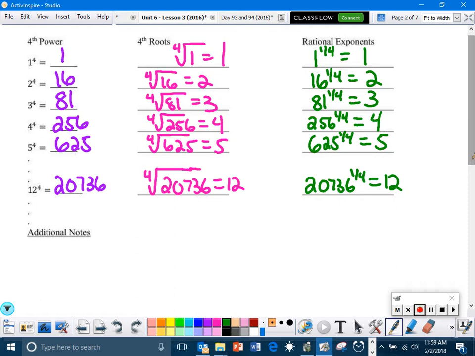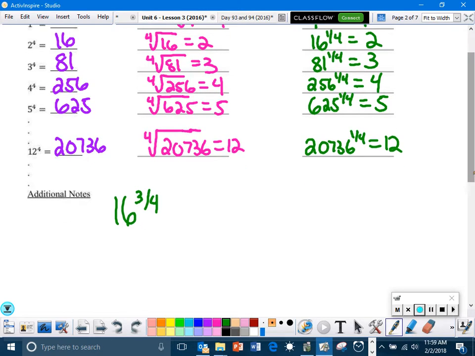Just real quick, a little additional note here. I'm just going to do what I did on the front, like 16 to the 3/4 power. Again, the 4 in the denominator tells us what number do we multiply to itself 4 times. Well, 16 is 2 times 2 times 2 times 2.